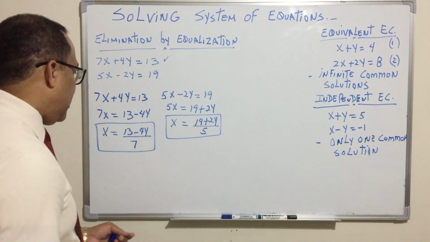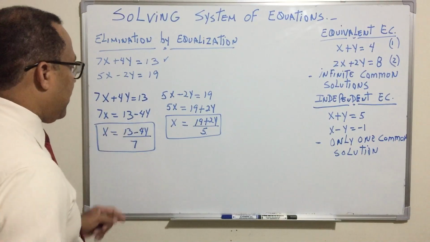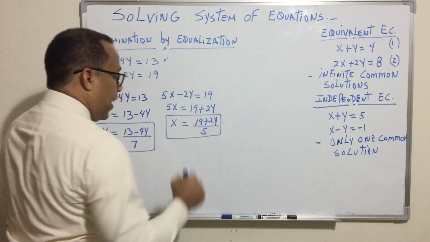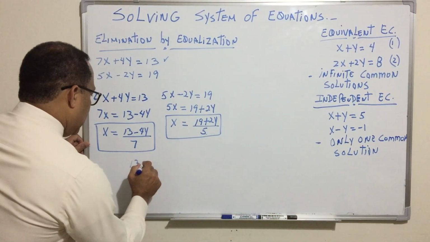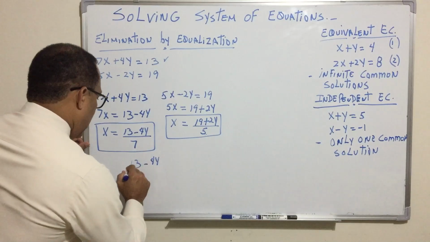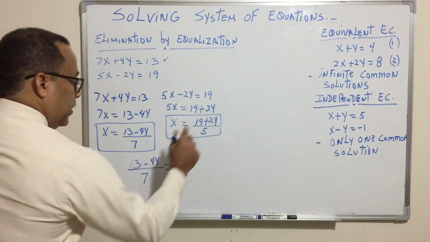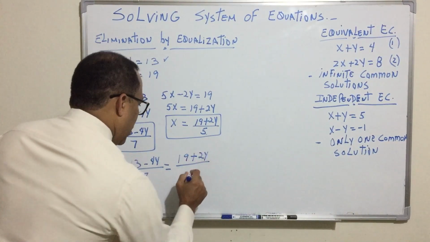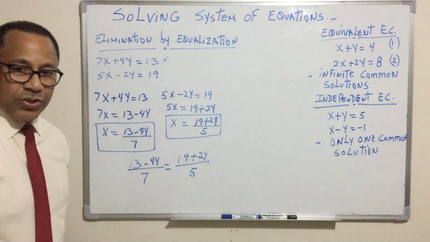Since x equals 13 minus 4y over 7 and x equals 19 plus 2y over 5, these two are the same. Therefore, 13 minus 4y over 7 equals 19 plus 2y over 5. And now I need to solve this equation.